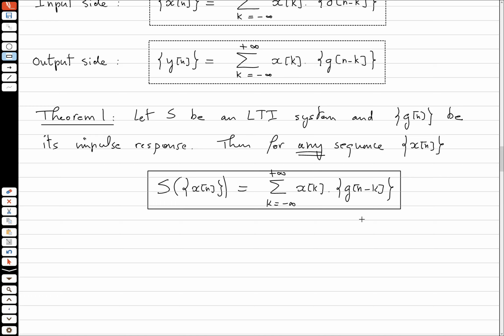Now it's too complicated to write this formula, right? It would be nice to use some symbol that represents this operation, all right? So, convention. Instead of writing it out, we are going to use a symbol.